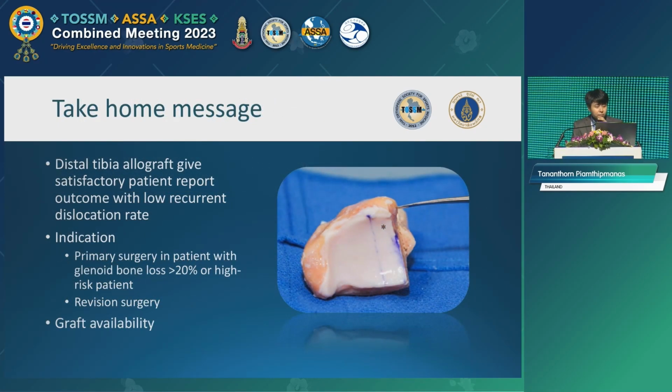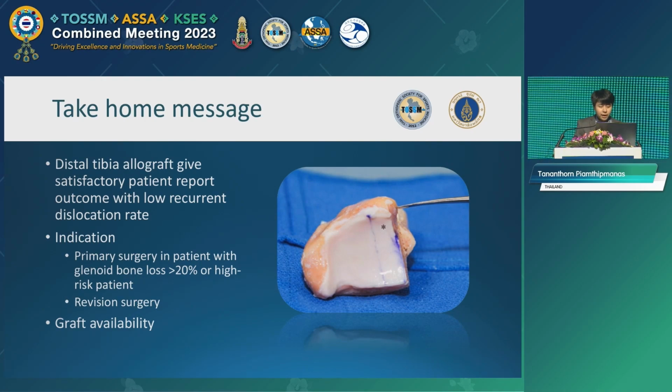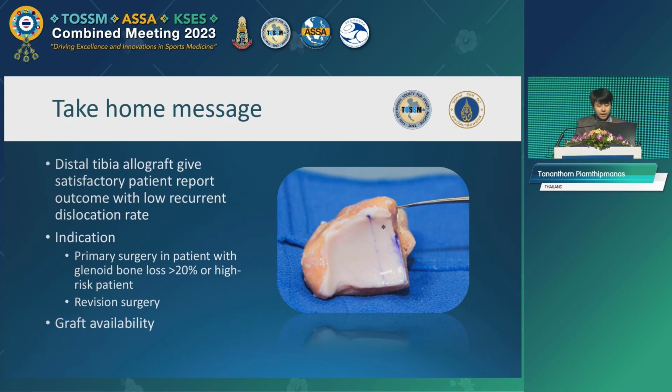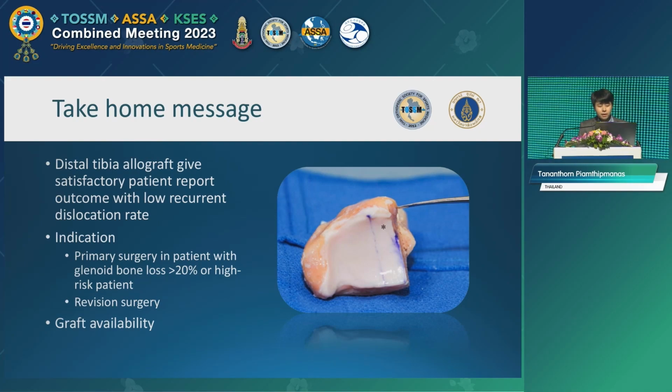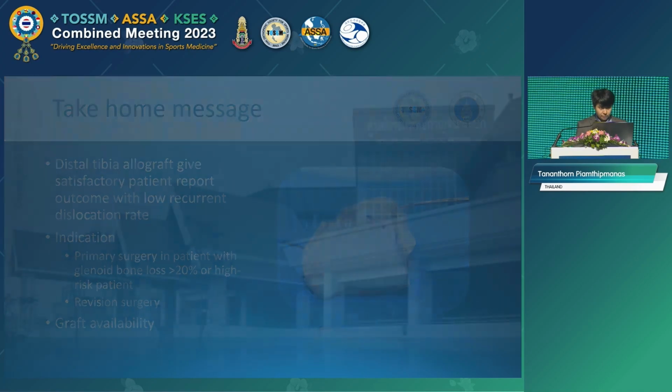So for the take-home message, distal tibial allograft gives satisfactory patient-reported outcomes with a low recurrent dislocation rate. Indication for use is primary surgery in patients with glenoid bone loss of more than 20% or high-risk patients, but these have to be selected cases, and it is recommended in revision surgery. But the limitation is graft availability. Thank you.